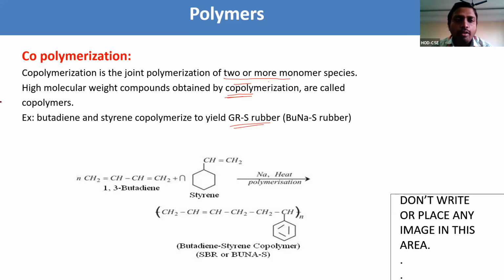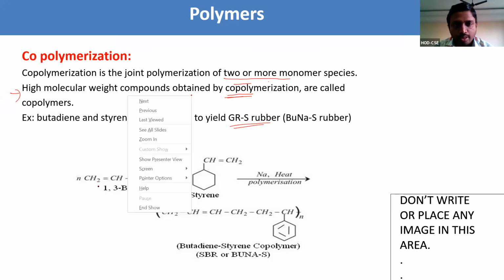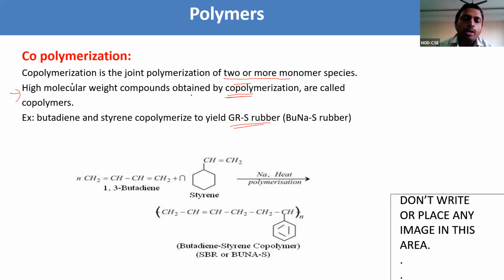The copolymers obtained in this synthesis are high molecular weight compounds. We are taking the preparation of Buna-S rubber.